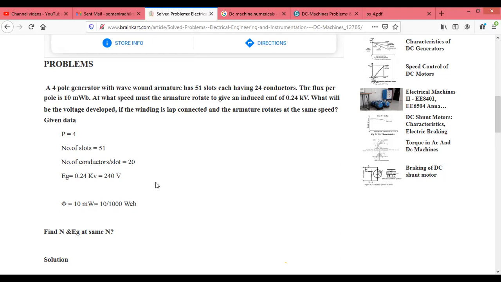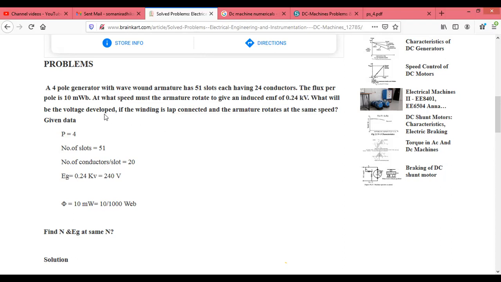You can solve that. Again, what they have given here: at what speed must the armature rotate to give induced EMF? Generated EMF they have given. Induced means what? That EMF. Now, induced EMF they have given 0.24 kilovolt. You can write 0.24 into 10 raised to 3 volt, or that will be 240 volt.